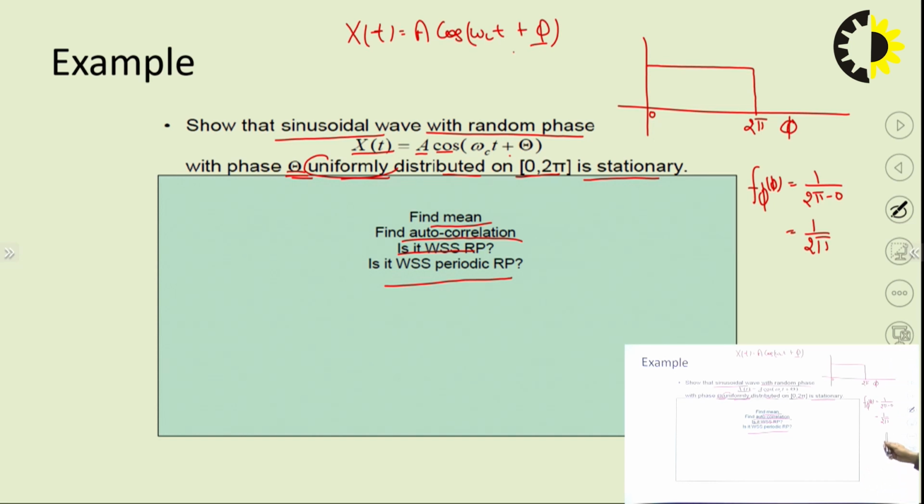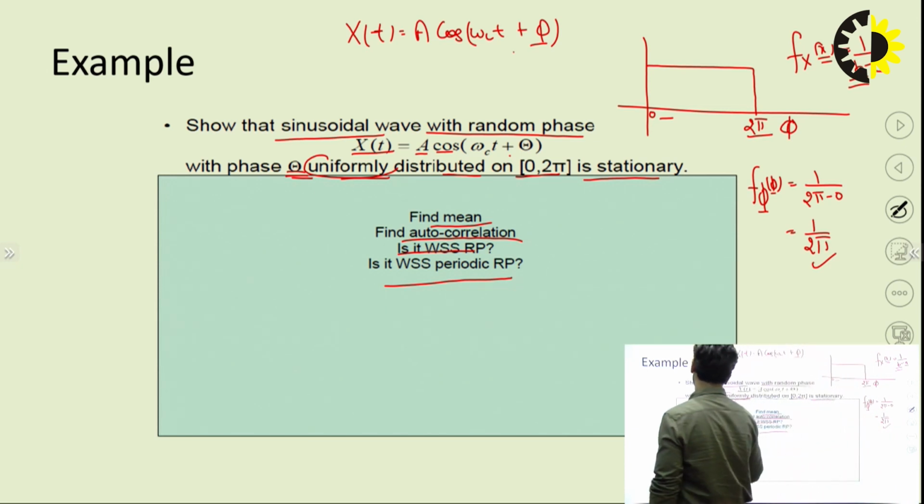Now here you can see I have noted down f of phi, not f of x, because here the random variable is phi, and for uniform distribution the PDF is 1 upon b minus a. Here the value of b is 2 pi and the value of a is 0. So you can see 1 upon 2 pi minus 0 will give you 1 upon 2 pi. This is the PDF.